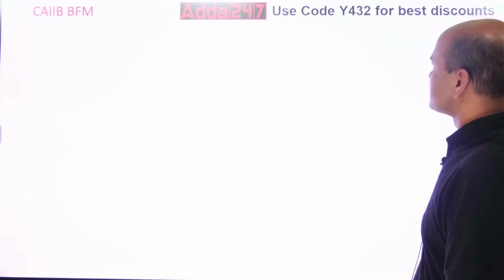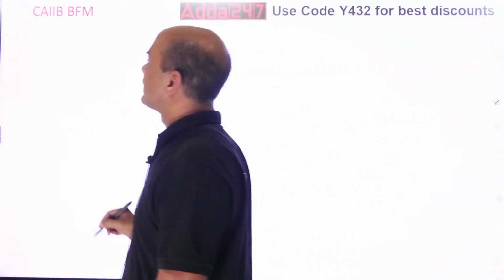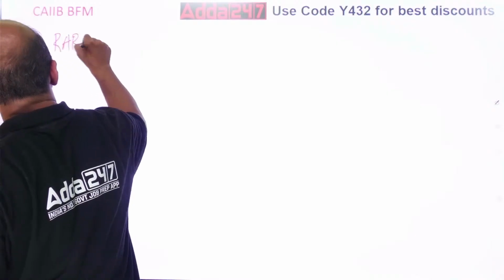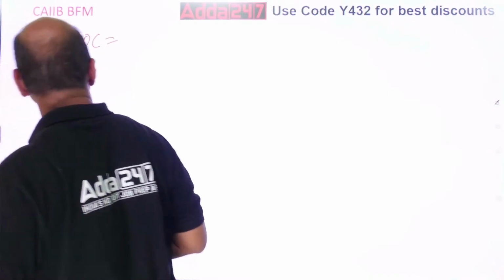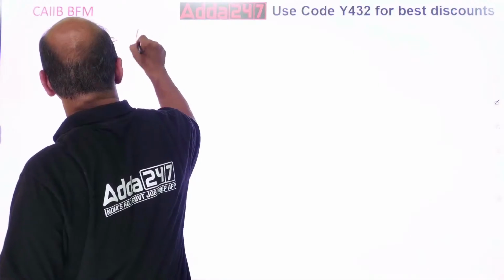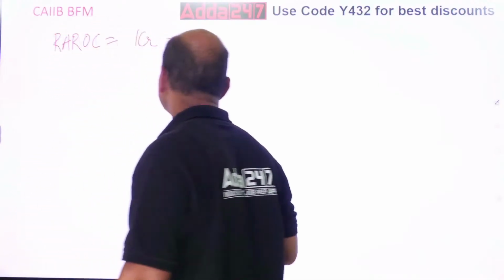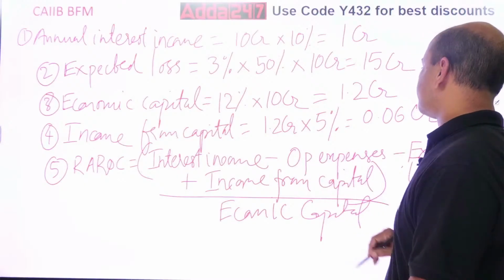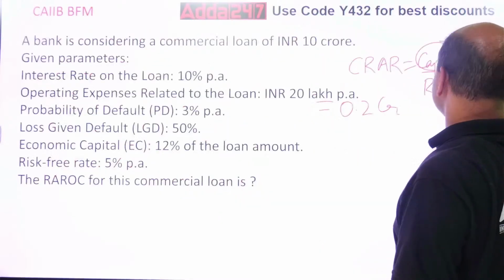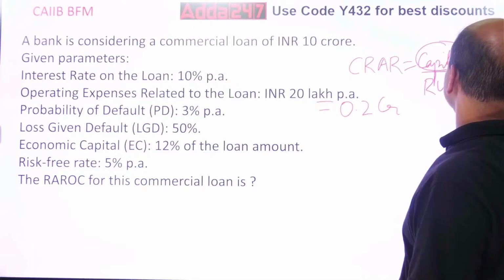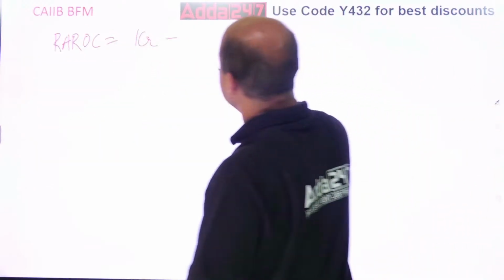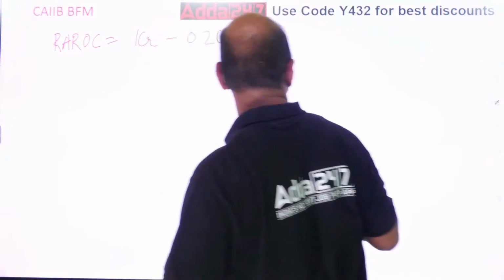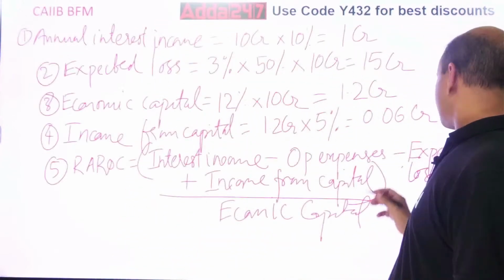Everyone get the calculation. So, REROC equals to interest income, which was 1 CR, minus, what is the second one? Minus operating expenses. What are the operating expenses? 0.2 CR. So, minus 0.2 CR, minus, what is this? Something more is there.